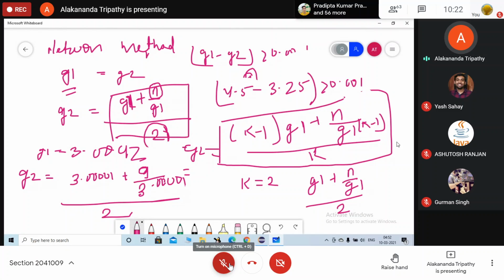Okay, this is the formula for the nth root. Okay, are you clear?